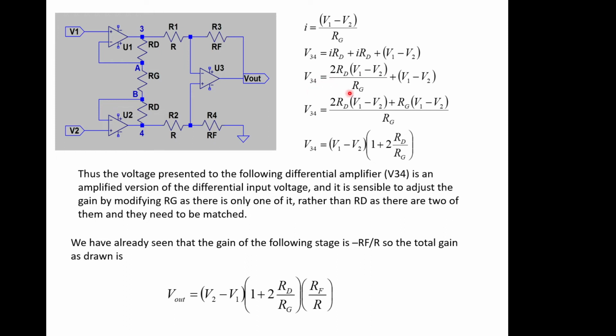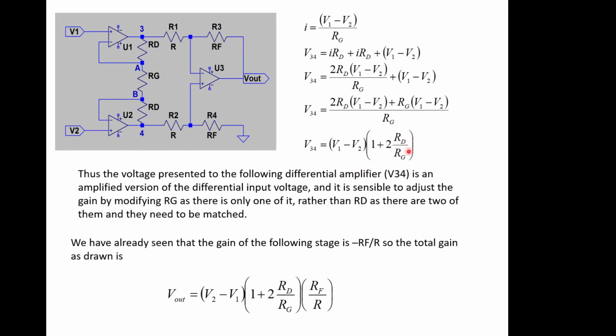Then you can run that through some basic manipulation and you end up with the voltage going into the op-amp being V1 minus V2 times 1 plus 2RD over RG. Thus, the voltage presented to the following differential amplifier, which is this bit here, is an amplified version of the differential input voltage. Differential voltage multiplied by some factor to do with the gains.